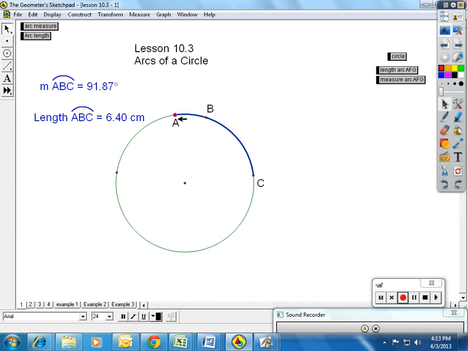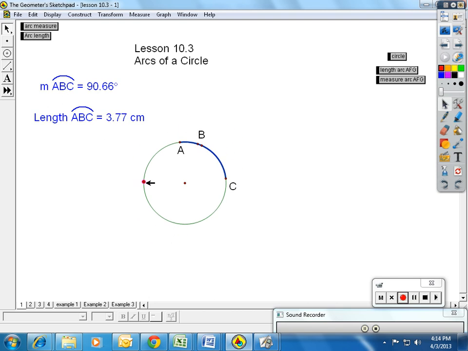Let me use an easier measure that's easier to see. Let's go 90 degrees. So 90 degrees we understand to be 1/4 of the circle. You can see that the shaded part is 1/4 of the entire circle circumference, and as I make it small, it's still 1/4, still 1/4, still 1/4, but that length is shrinking.